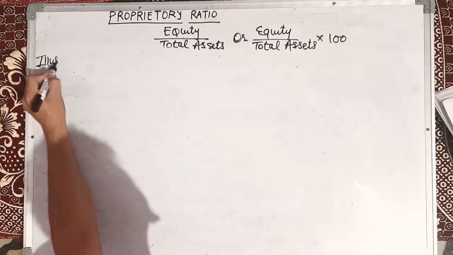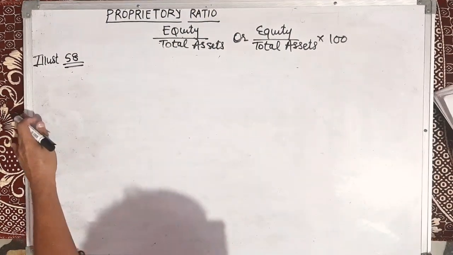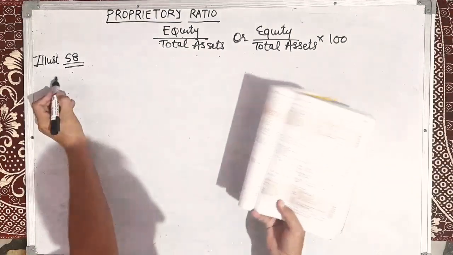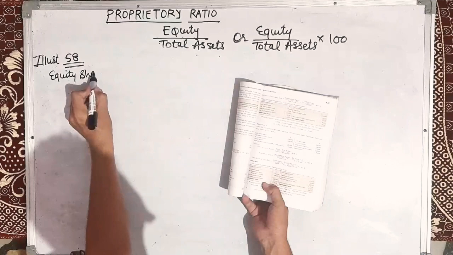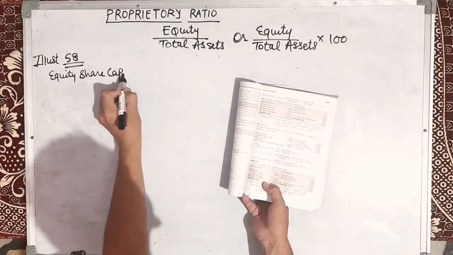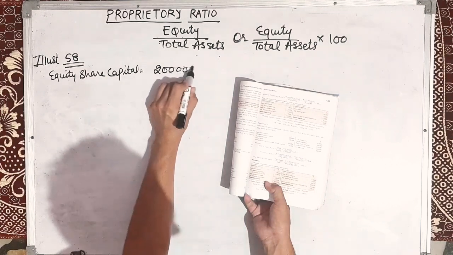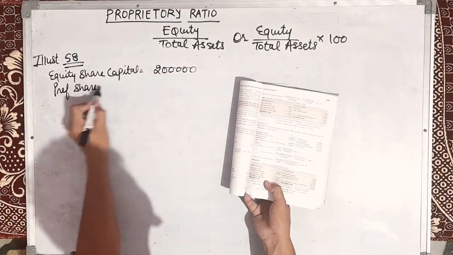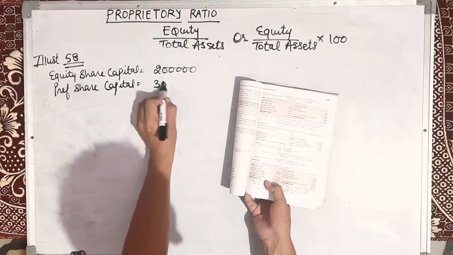Illustration number 58. In illustration 58, there is the equity share capital, that is equal to 2 lakh. Preference share capital is equal to 3 lakh.